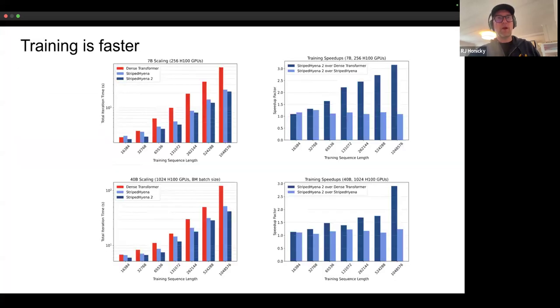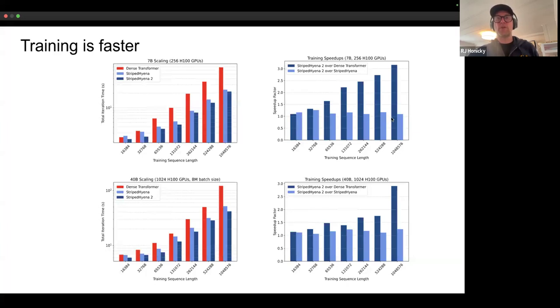Okay, all right. So training here is on both 7B and 40B. Notice this is log scale, significantly faster than the dense transformer. You can see it here, but maybe it's even easier to understand that one would be the same amount of time as Striped Hyena 2.